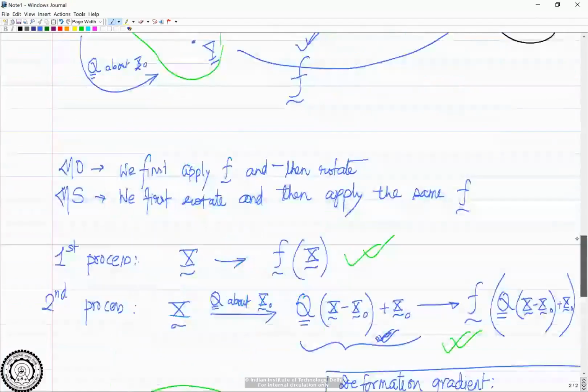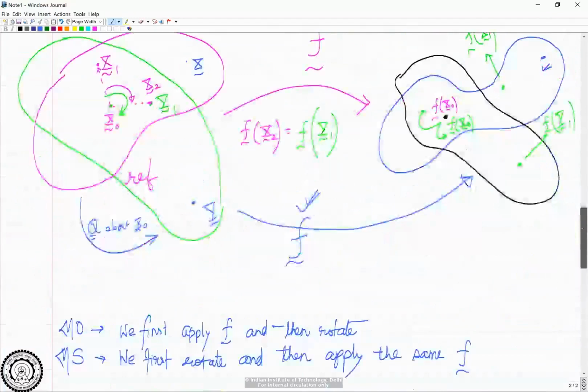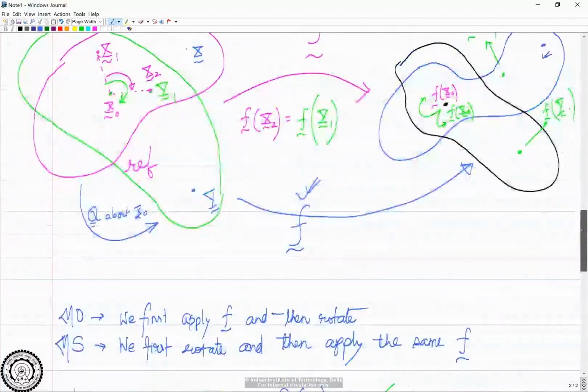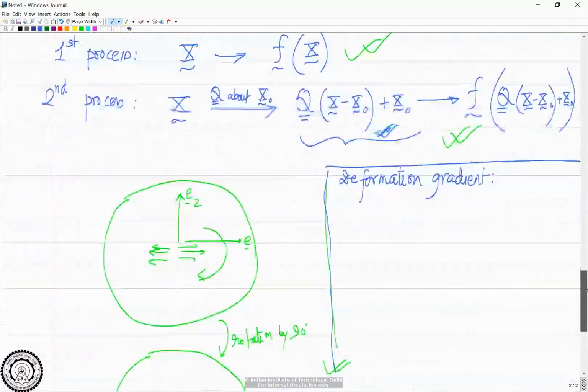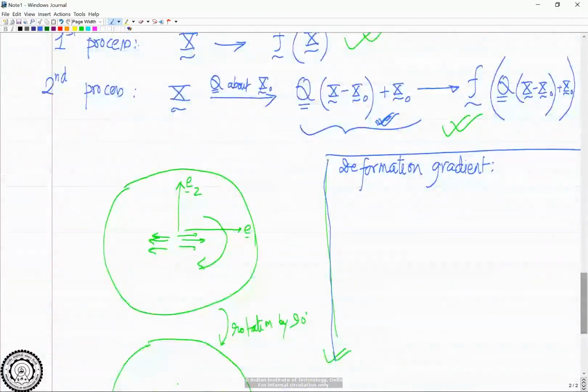So only the response is the same, but the deformation will never be the same. If it is isotropic, the response will be the same, but the final configuration will never be the same. Exactly. The final configuration of the entire body will not be the same. Okay, sir, I had a small confusion. Thank you. Okay, so this will become more clear as we work on it.